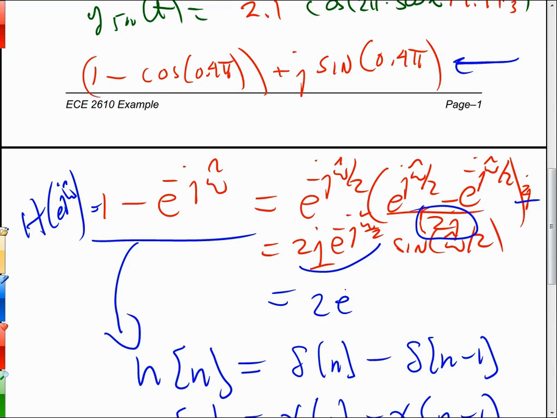e to the j corresponds to e to the j pi over 2, right? In polar form, 1 at an angle pi over 2 is the same as j. So then you could just merge those two together, and you'd have 2 times e to the combination angle there, pi over 2 minus omega hat over 2.